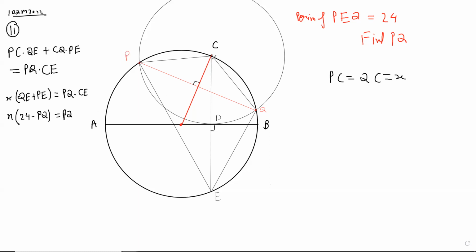So you see this CE is again 2 times CD, right? And CD is the same as, so all these three are equal. They are the radius. And then we can find it.